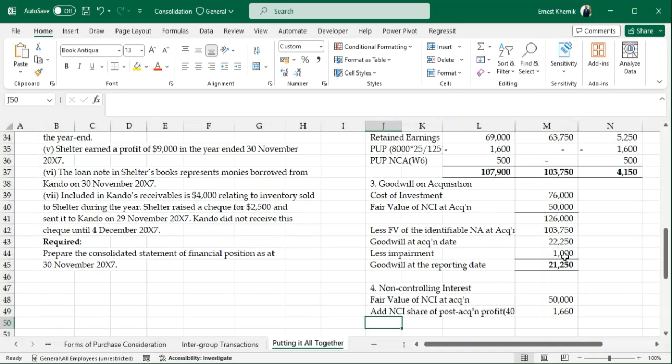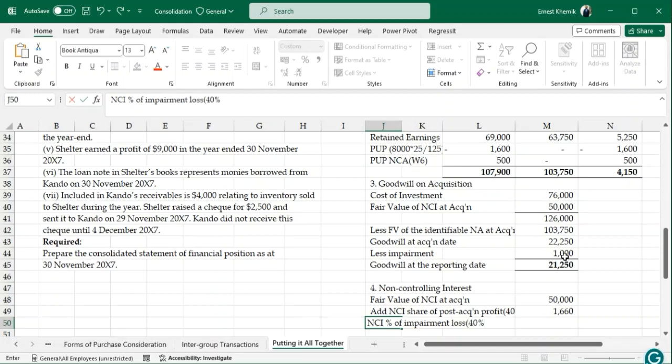So we'll have NCI percent of impairment loss, and that is also going to be 40% multiplied by our impairment loss, which is 1,000. So this is going to be 400.